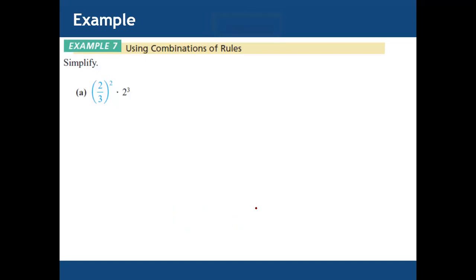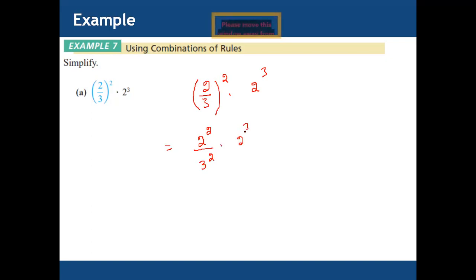Now, a combination of a few rules. When you are simplifying some examples, we use all these rules, like 2 over 3 whole power 2 multiplied with 2 cube. So 2 over 3 has a common power 2, multiplied with 2 power 3. This is the power rule with quotient, so you can write separately 2 power 2 divided by 3 power 2. Then multiply with 2 power 3.